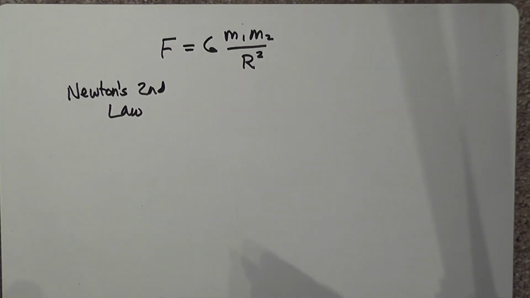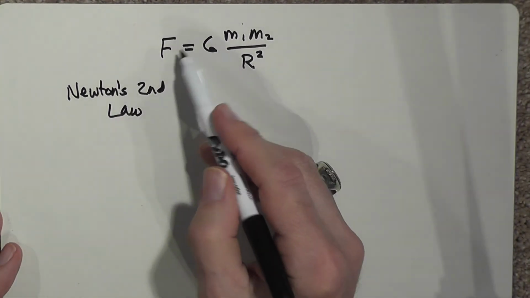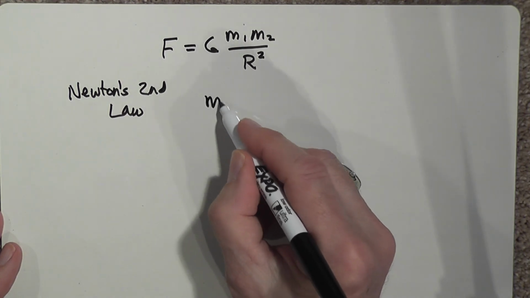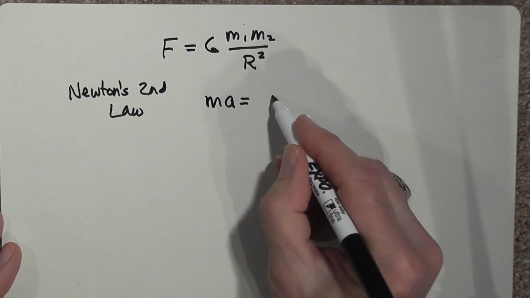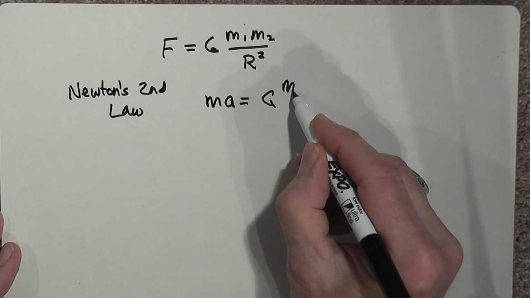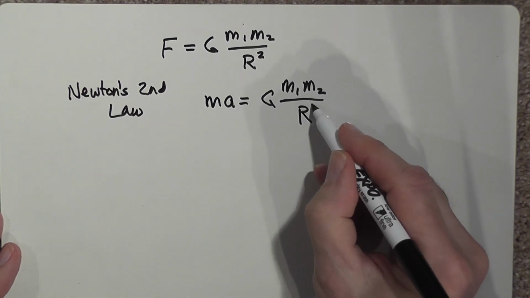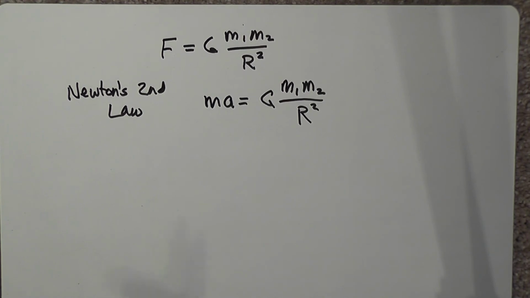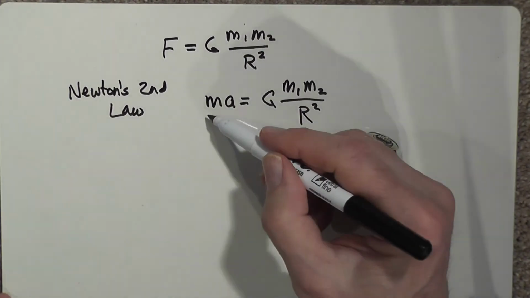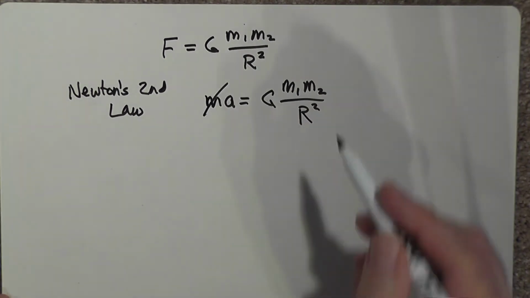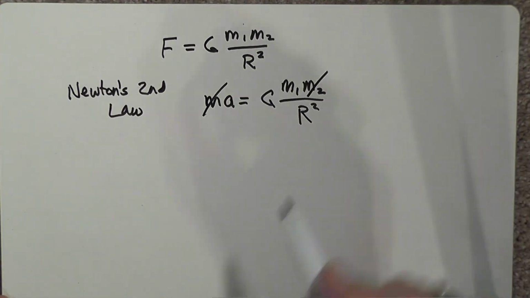That force is always equal to ma. We have a force here. So let's equate this. Ma is equal to G m1 m2 over r squared. Okay, now again, we have on either side an extra mass. We'll cancel that mass out and we'll cancel the second mass out because we don't need it.